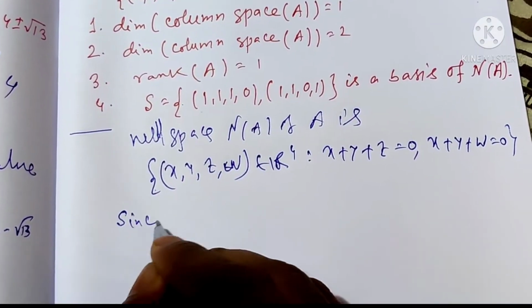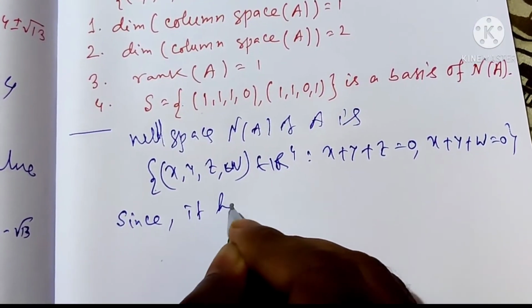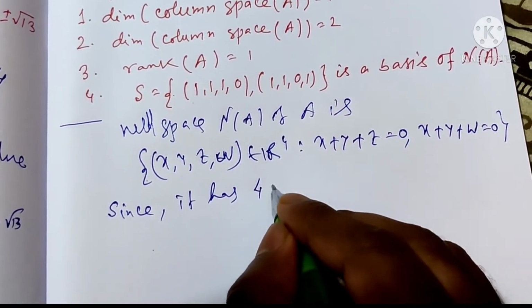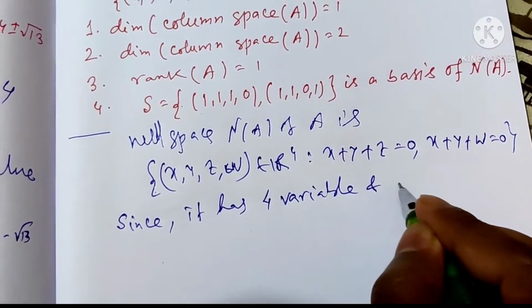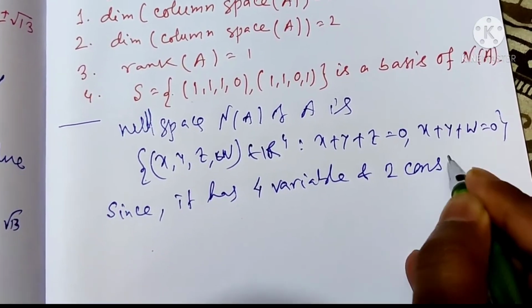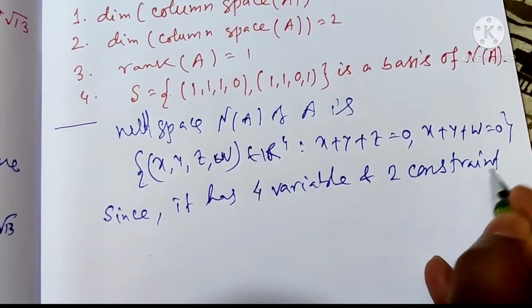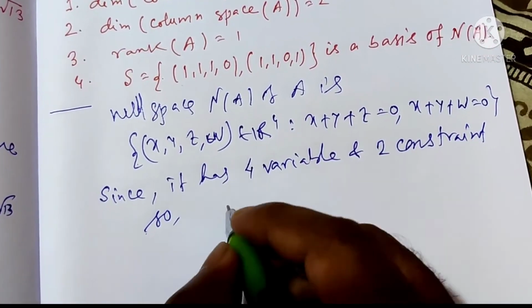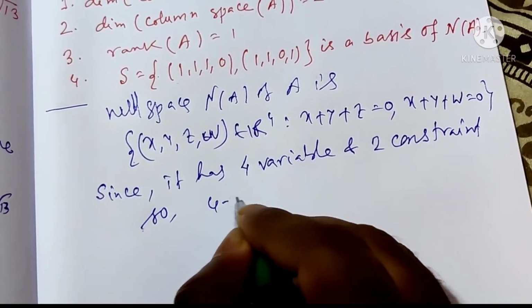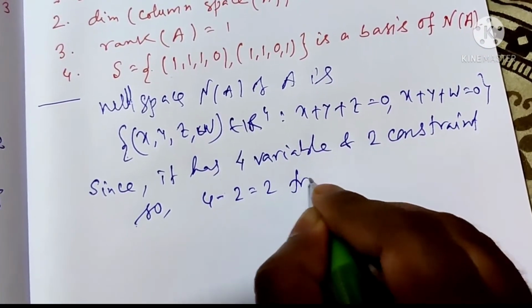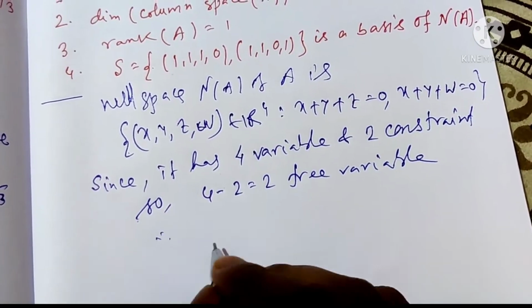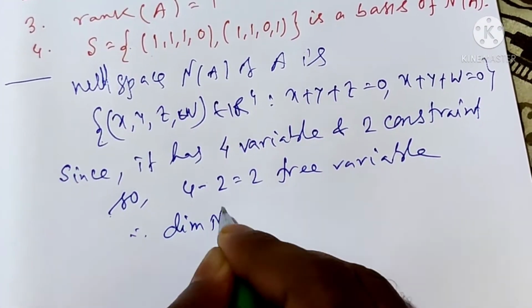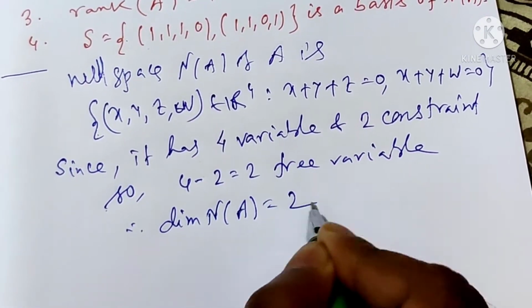Since it has 4 variables and 2 constraints, 4 minus 2 equals 2 free variables, therefore dimension of null space of A equals 2.